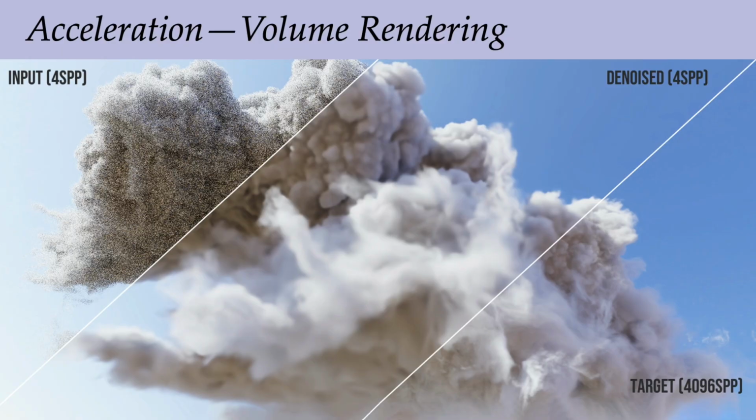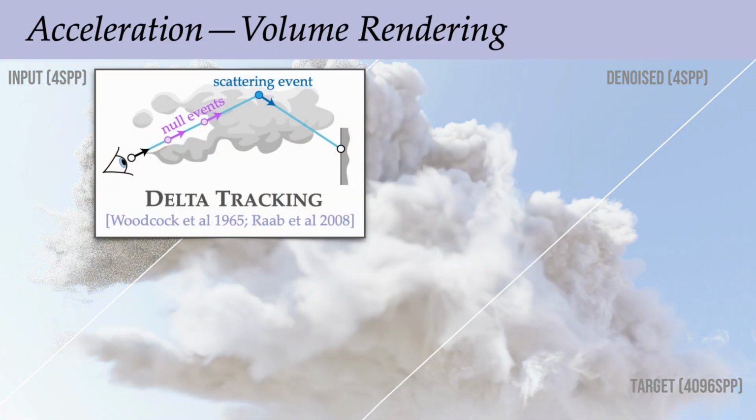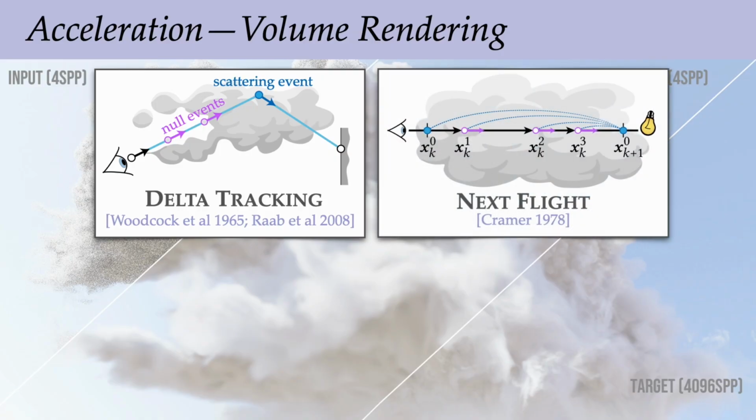Finally, for variable coefficient problems, we can adapt techniques from volume rendering. For instance, a technique called delta tracking kind of fills up a heterogeneous volume with fictitious matter that makes the problem computationally equivalent to a uniform density medium, essentially what we did when transforming our PDE into one with constant coefficients. The next flight method is very similar in spirit to our tree walking strategy, allowing one to reuse paths in the context of heterogeneous media.